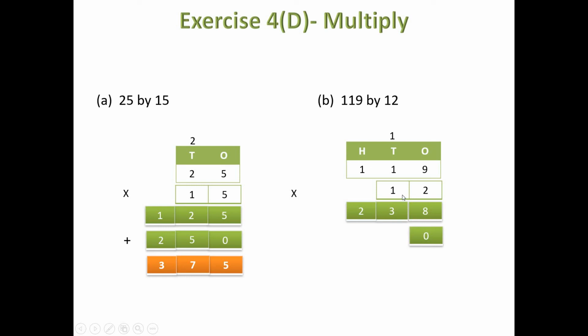Next we put 0. 1 nines are 9. 1 ones are 1. 1 ones are 1. Now let's add 8 plus 0, 8. 3 plus 9, 12. Put 2 in the answer and carry over 1. 2 plus 1, 3, and plus 1, 4. Next 1. So we put 1 down. So 1428 is the answer.